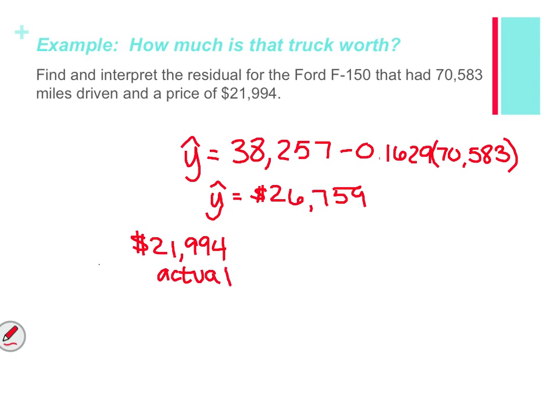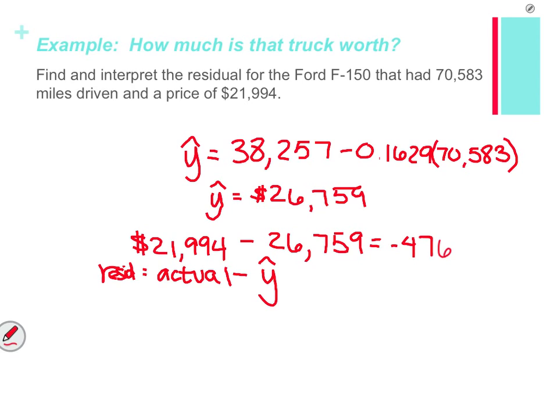To find my residual, I'm going to take my actual and subtract my predicted, my y hat. So 21,994 minus 26,759, which gets me a residual of negative $4,675.